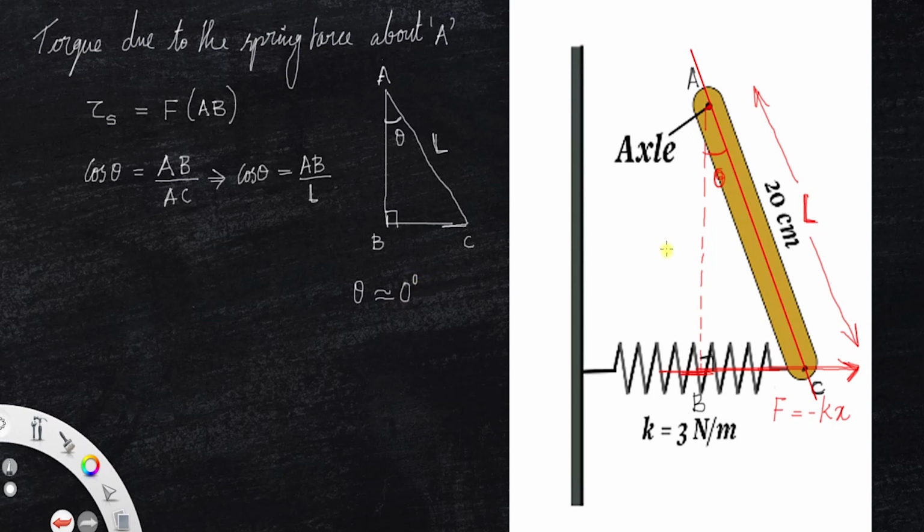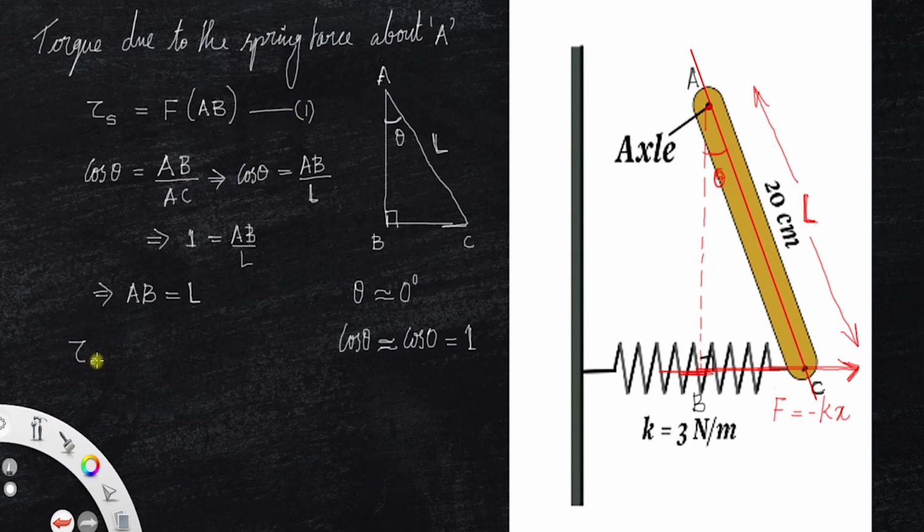It's not 0, but its value is very close to 0. So cos theta basically means cos 0. We know cos 0 is 1. So we can put 1 instead of cos theta. So 1 equals AB upon L, which means the length AB is almost equal to L. Let's call this equation number 1.